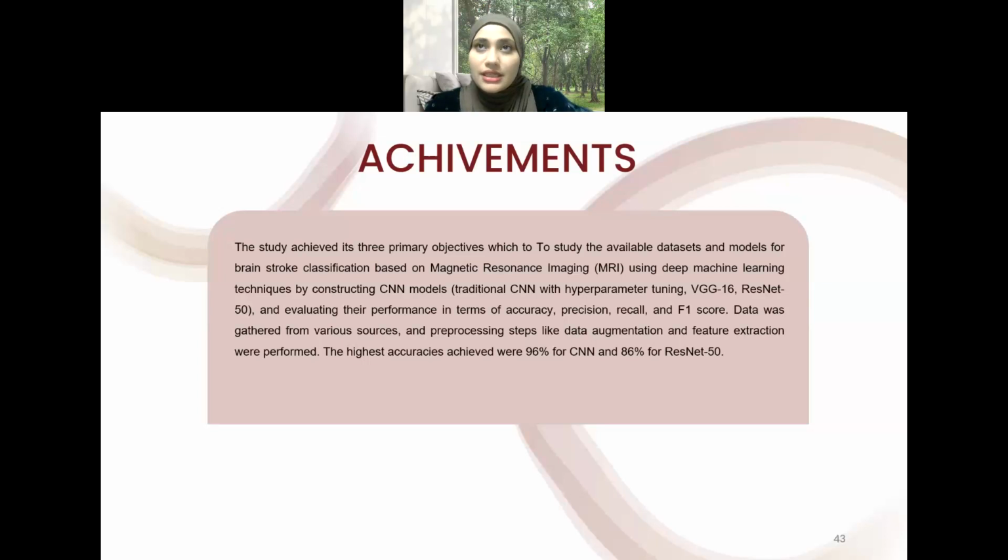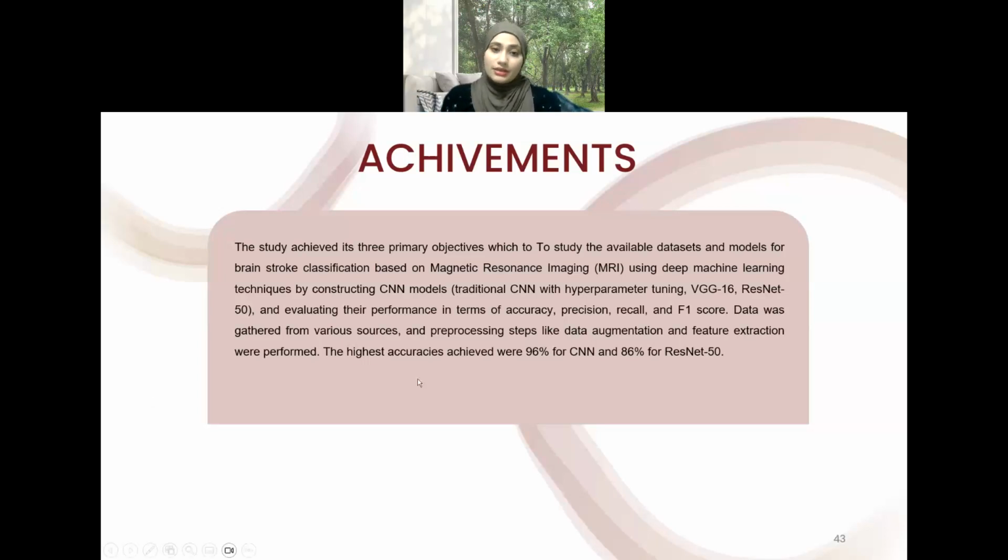Then we also played with the VGG16 and ResNet 50 to see what the accuracy level is and how the neural networks perform. And after we had done the experiment, we evaluated our performance in terms of validation and test accuracy, precision, recall, and F1 score.